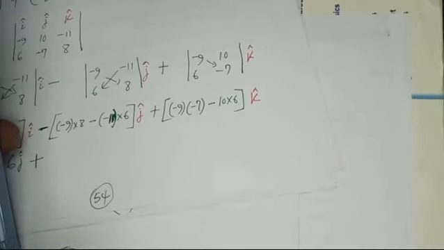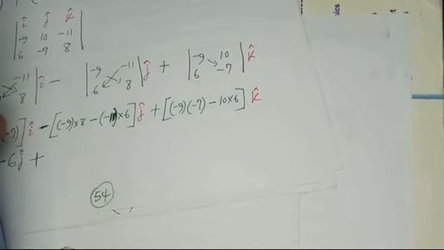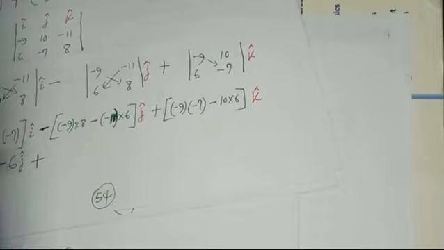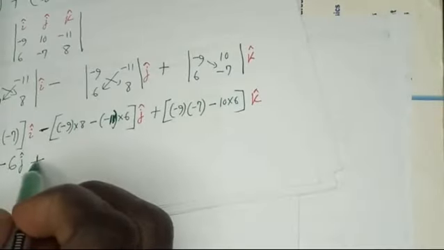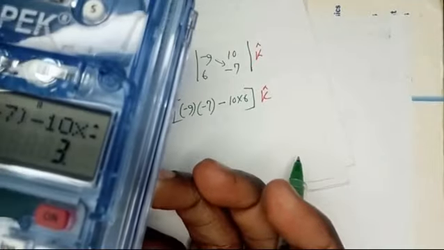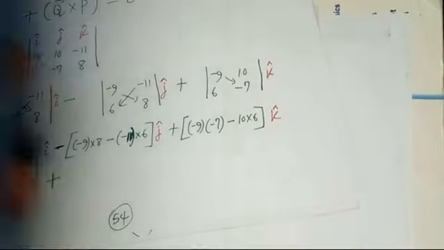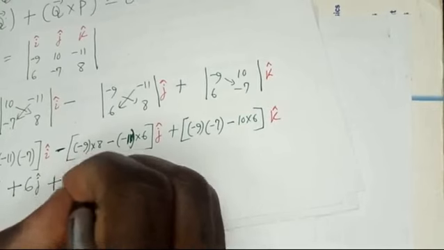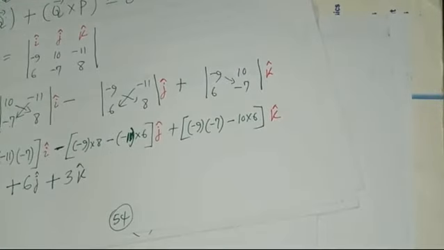Let's see, negative 9 times negative 7 minus 10 times 6, and this will be 3 positive. So my plus sign survives since I got a positive value 3. So I have 3K cap. Great. I like this result.